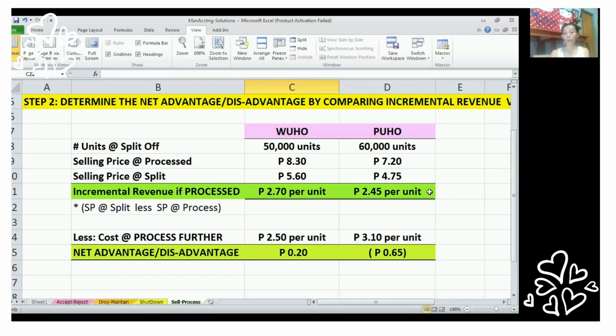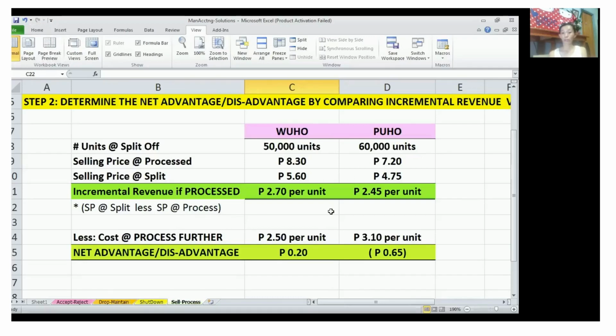Ug si Puhu 2 pesos and 45 centavos per unit ang incremental revenue. So, ang diferensya sa selling price at process further, less or minus selling price at split off. So, pag human na ni, i-less na ni sa cost at process further.